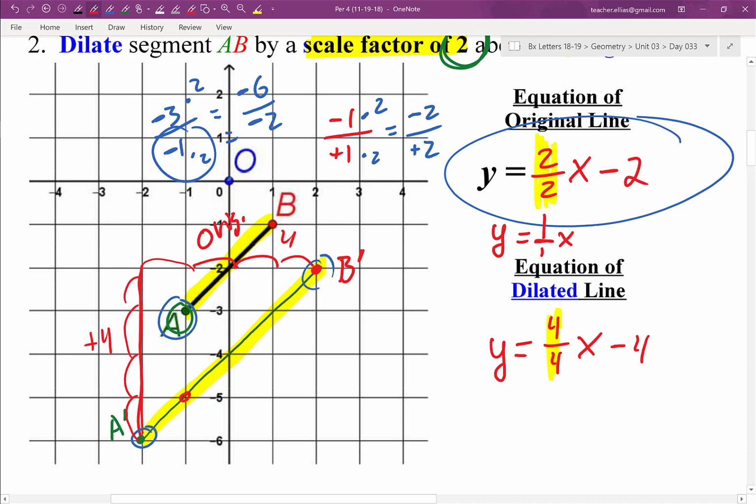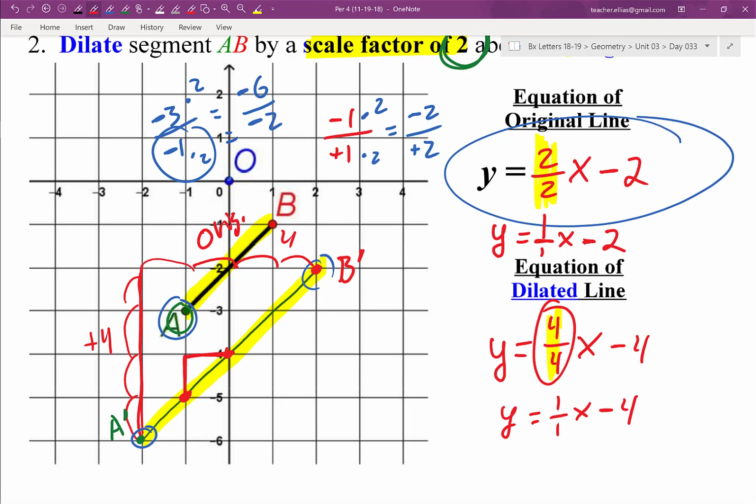You could say, I'm rising 1 and running 1 to get to the next point. Instead, 4 over 4 is really 1 over 1. Are there any questions about that? If you're good on this, you got today's lesson.